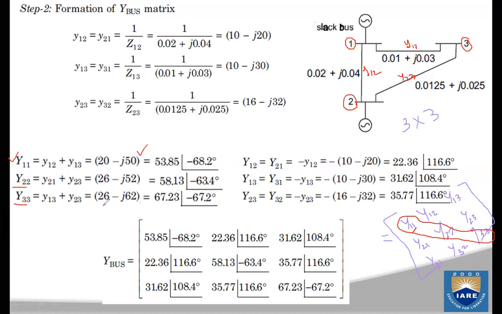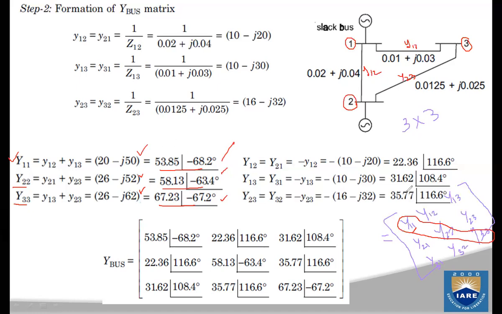This is the self admittance of bus 3. So now you got all the diagonal elements. All the diagonal element values are equal to the sum of the admittances connected to that particular bus. These values are complex, so you may convert them into polar form, and you will get these values.